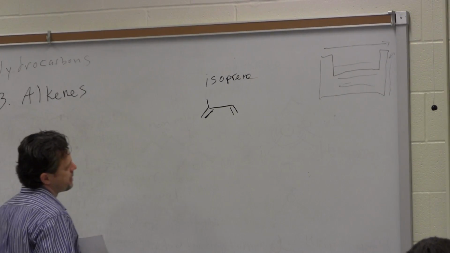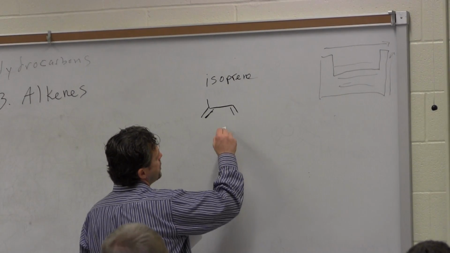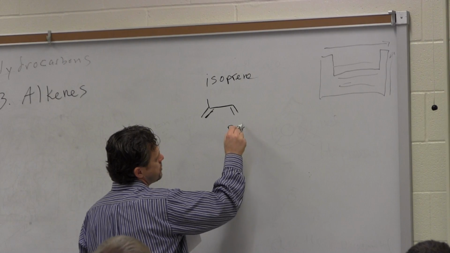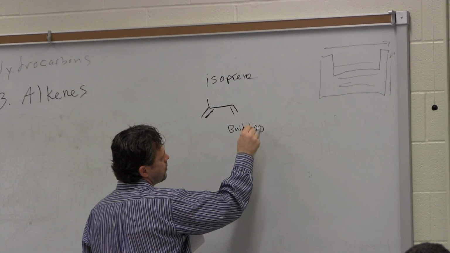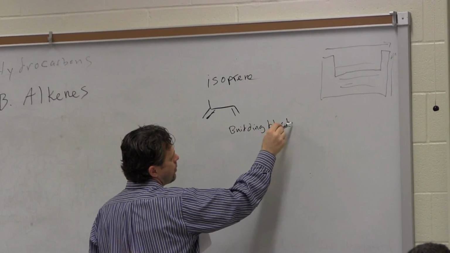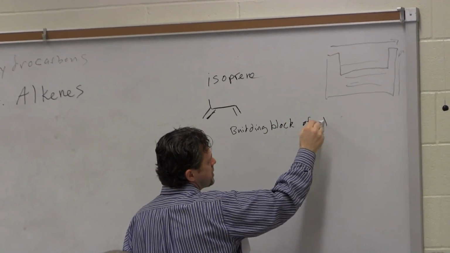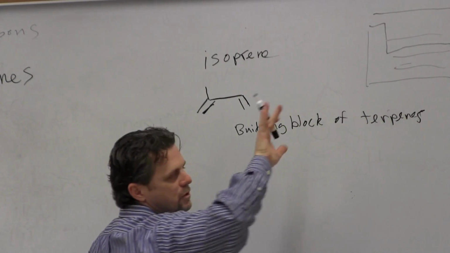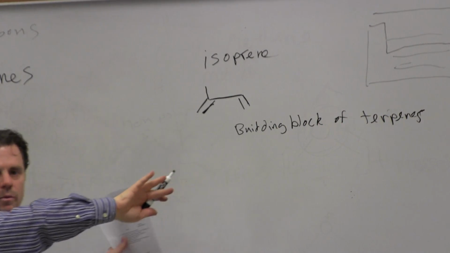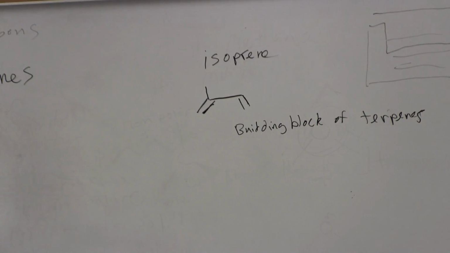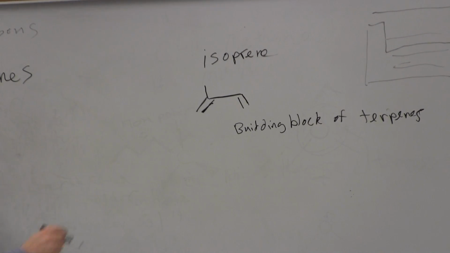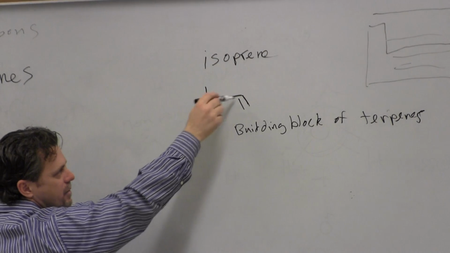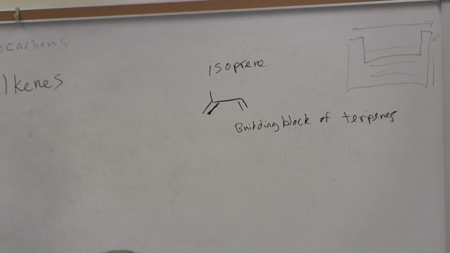This is considered the building block of terpenes. Just a little side note, and we're going to talk about more when we get to the terpene section. But this is an alkene, obviously, because it has more than one double bond.